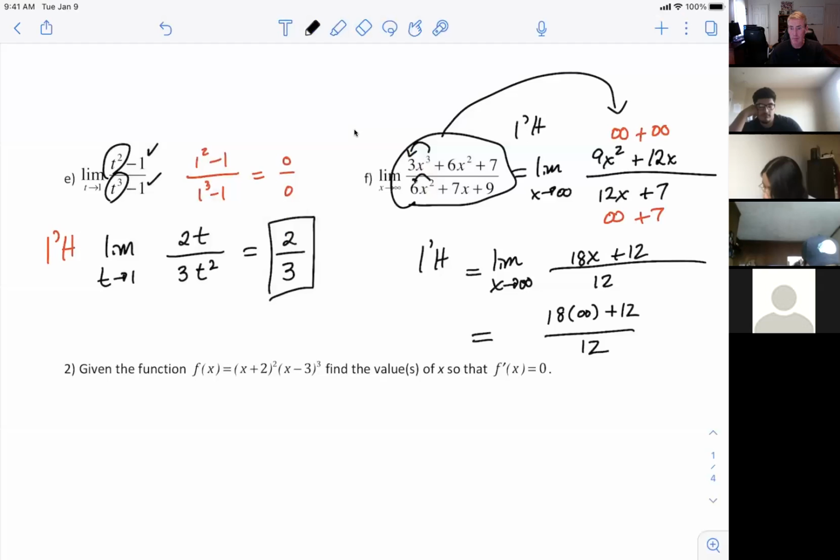Now that the bottom no longer has an x, it's no longer division by infinity, it's just division by 12. And then this would be infinity on top divided by 12. And if you divide infinity by 12, it's so big that it still equals infinity.